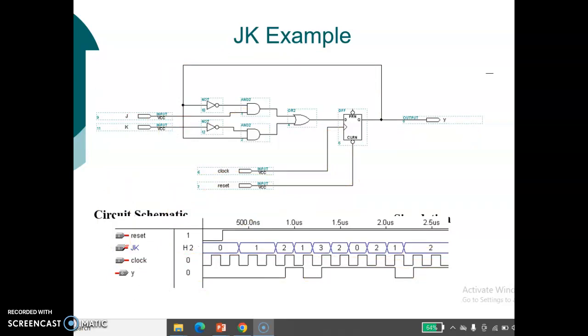Here after reset it continues as 1. In JK, up to here it is 0, up to 500 nanoseconds. Then when it is changing, at the negative clock edge, it changes to 1.